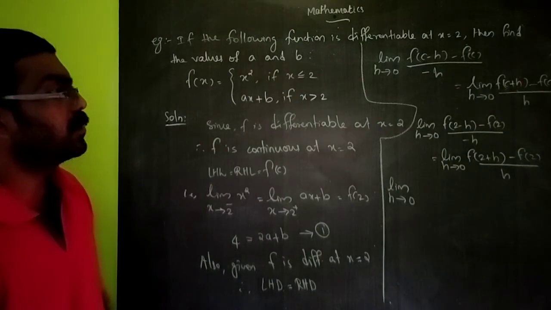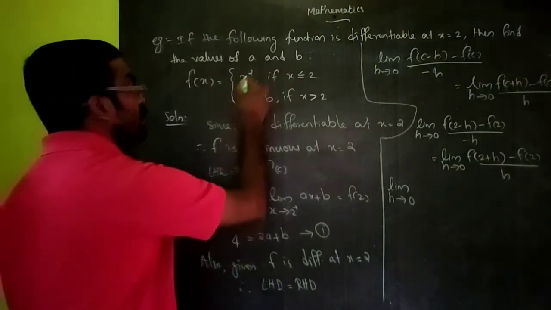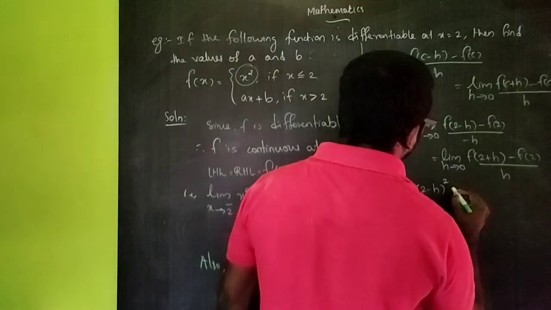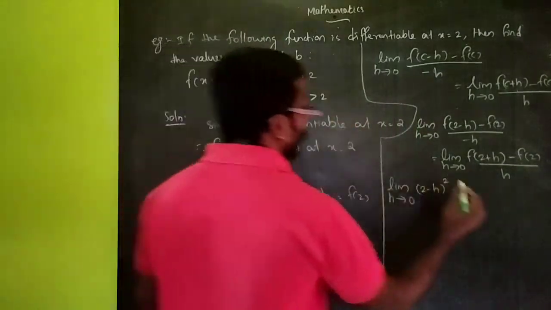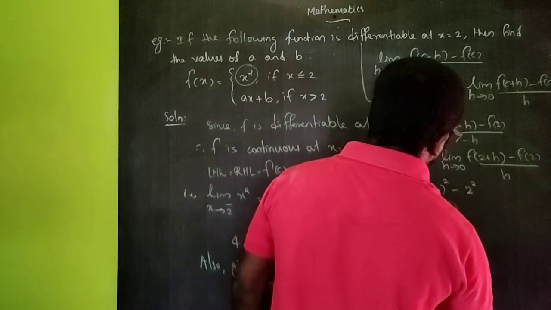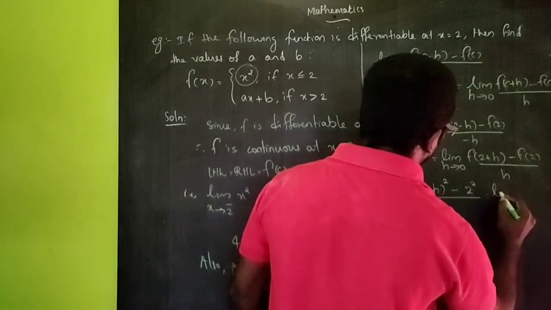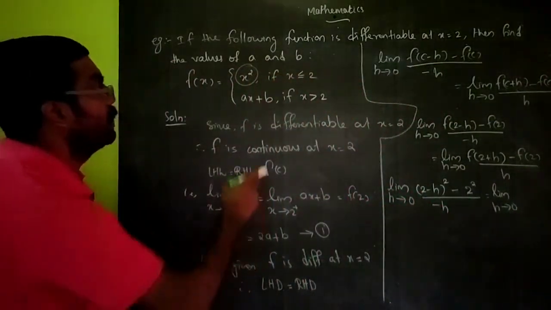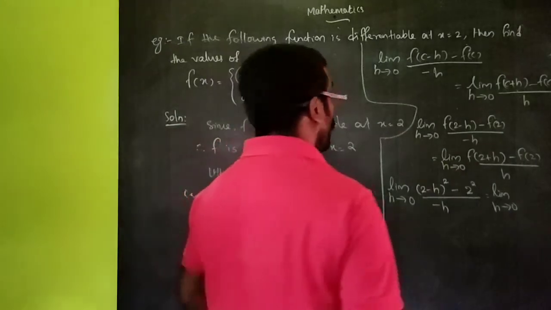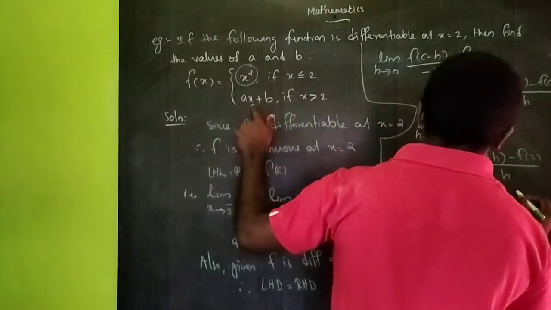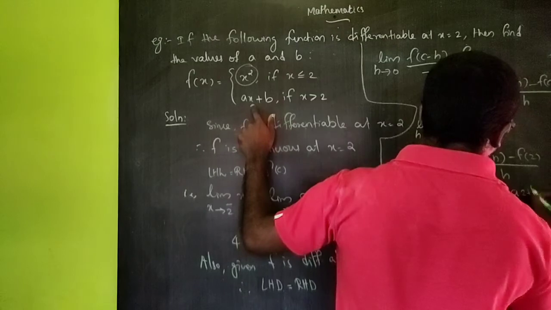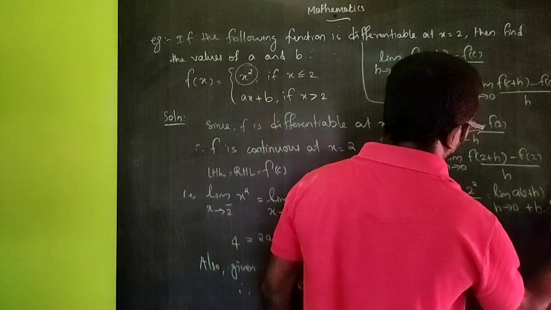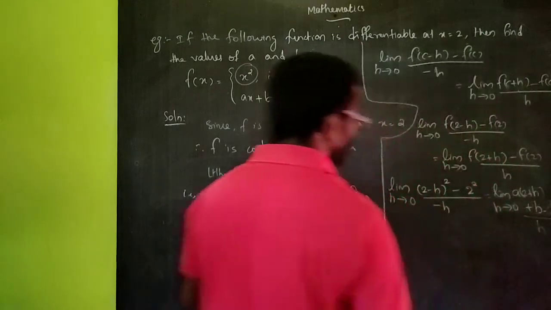F of 2 minus h means less than 2, that f of x is x square. So here 2 minus h the whole square. Then minus f of 2, 2 square divided by minus h, which is equal to limit h tends to 0 f of 2 plus h, more than 2, the f of x value is ax plus b. So in the place of x we can replace 2 plus h. So a into 2 plus h plus b minus f of 2, 2 square divided by h.